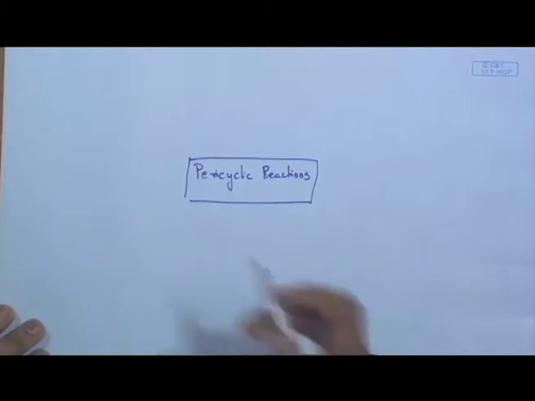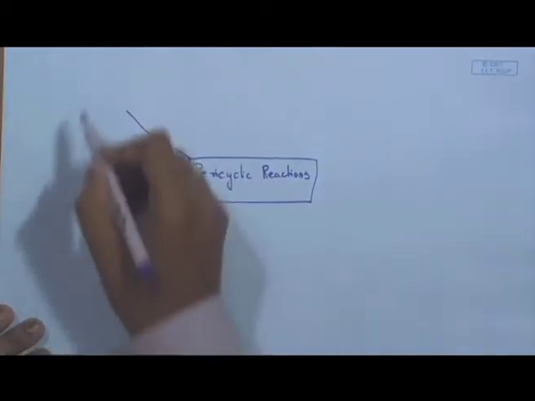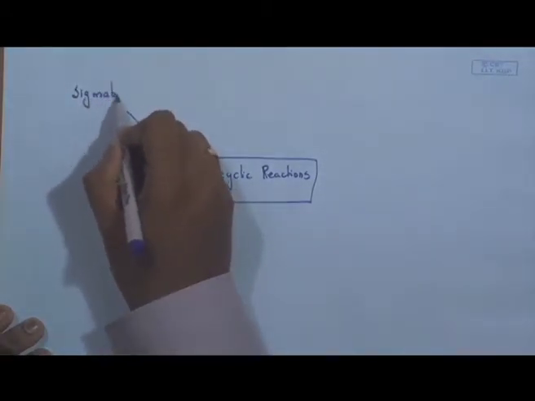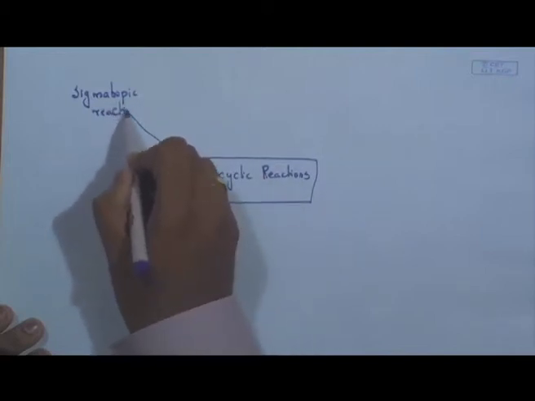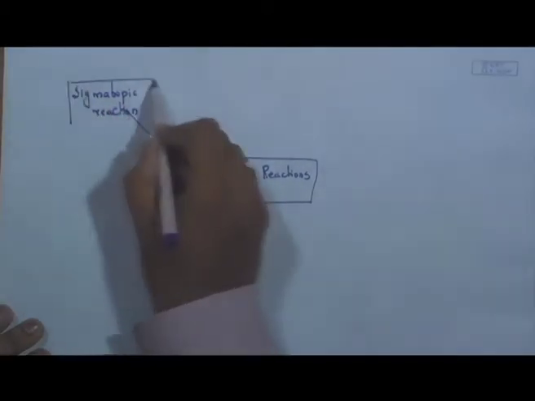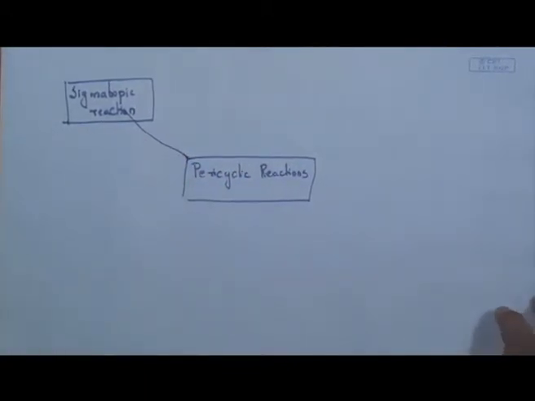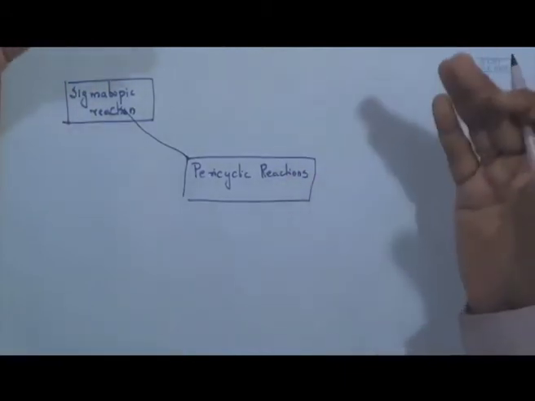We initially discussed sigmatropic reactions. In sigmatropic reactions, we explained what is a 1 comma n type of sigmatropic reaction.